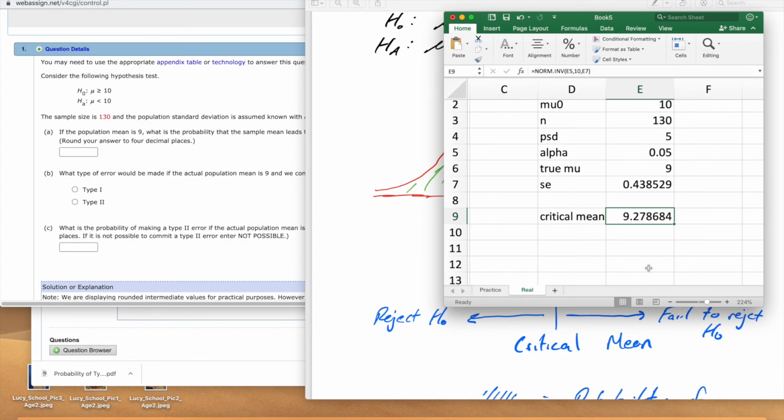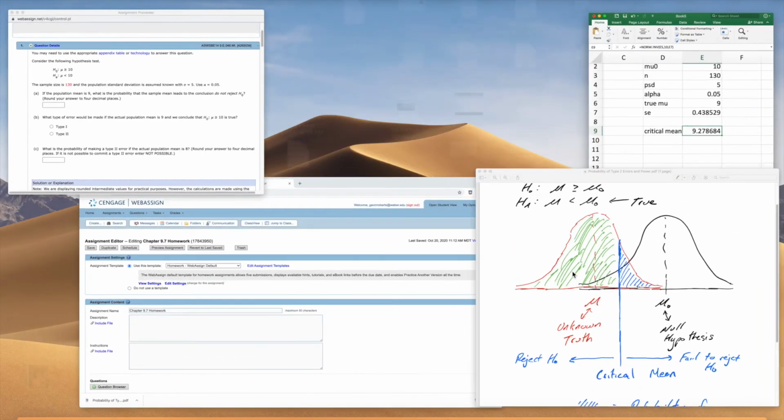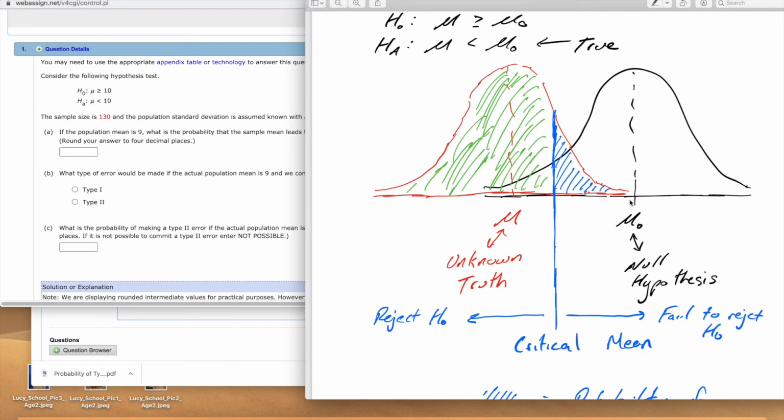And that makes sense. I told you guys the number would be between 9 and 10. Here's 9, here's 10. I think it always has to be between 9 and 10, but I can maybe imagine it being less than 9 if this distribution was really spread out.